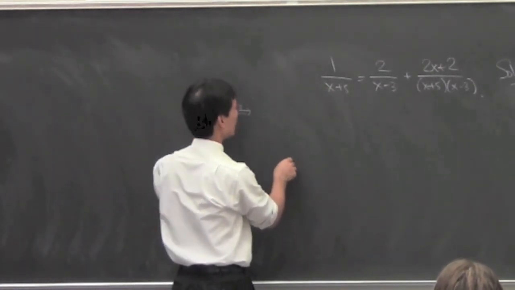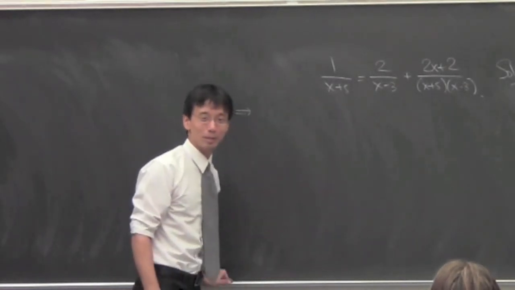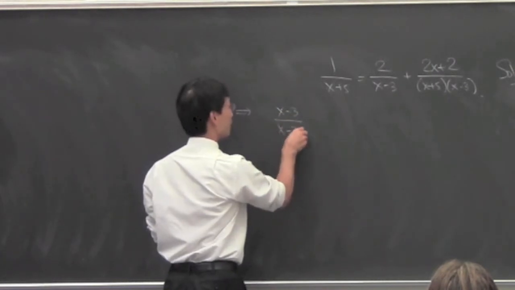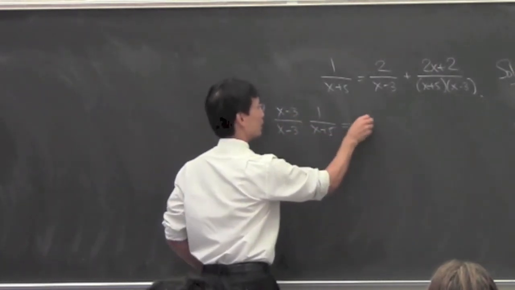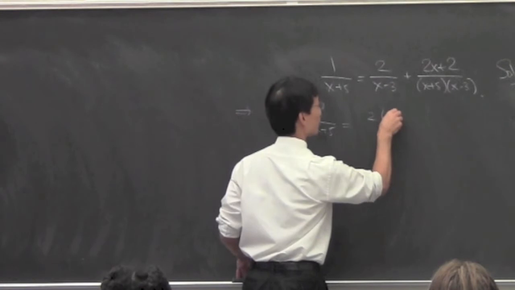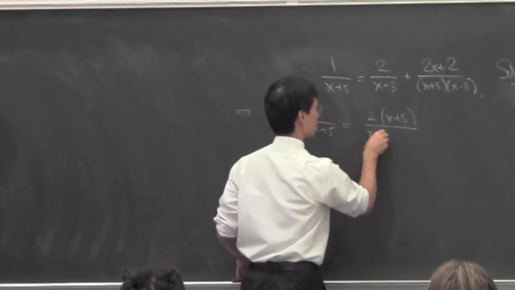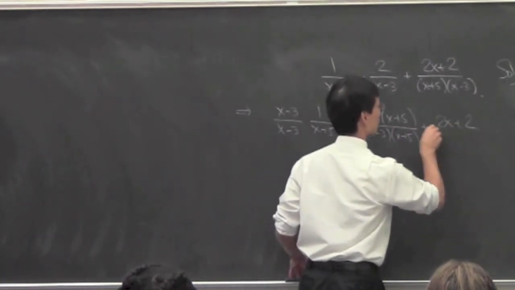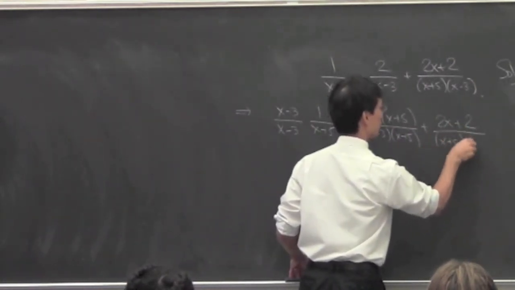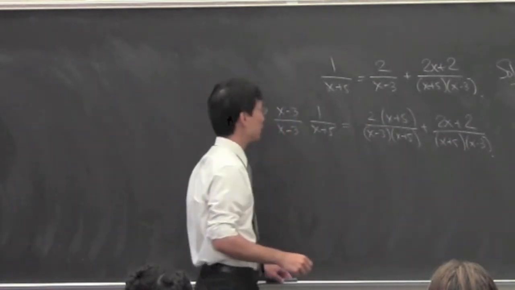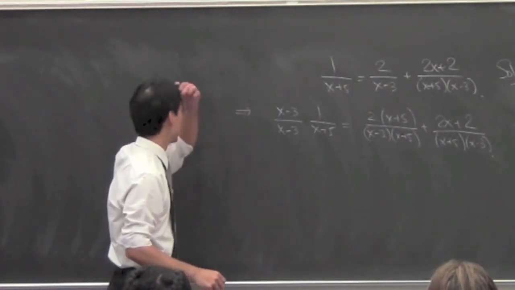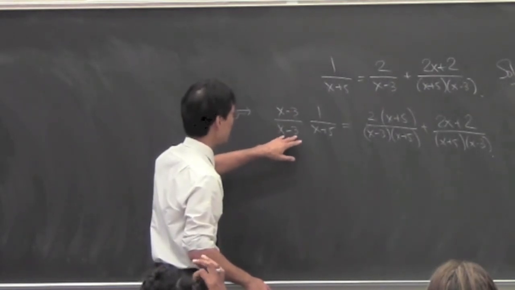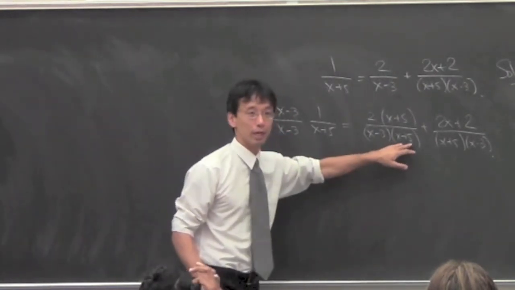Okay. So you multiply everything by 1. That's certainly legal, right? x minus 3 over x minus 3, x plus 5 over x plus 5. Right, that was okay as long as x was not 3 and x was not negative 5.